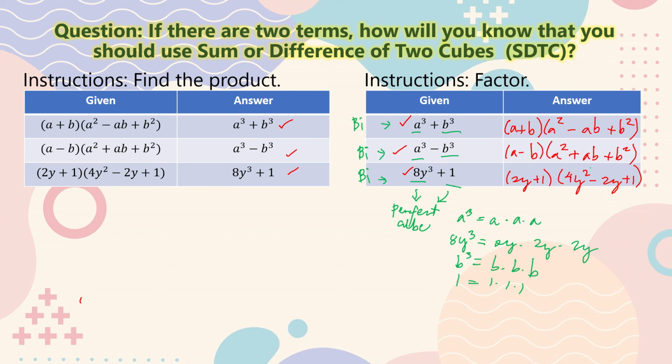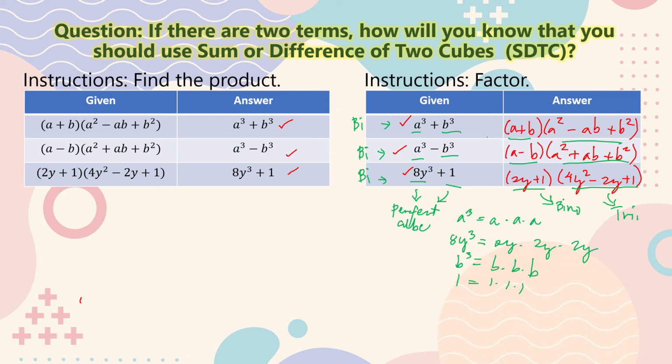If you notice here as well, the first polynomial provided to us in each of our answers is a binomial, and the other one is a trinomial. So that would always be the pattern. It would be a factor of a binomial. The factors would be a binomial and a trinomial.